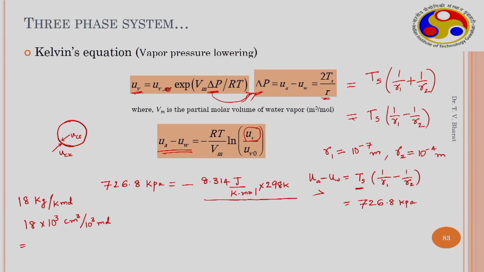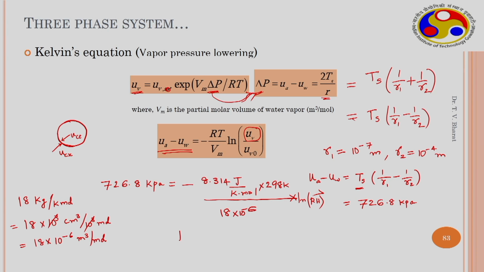If you write in terms of meter cube, this is 18 times 10 power minus 6 meter cube per mole. So you can substitute this into the log, which is nothing but RH, right? So uv by uv naught, or uv sat, is RH.